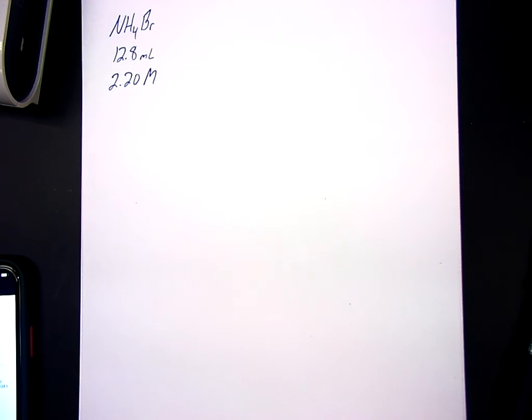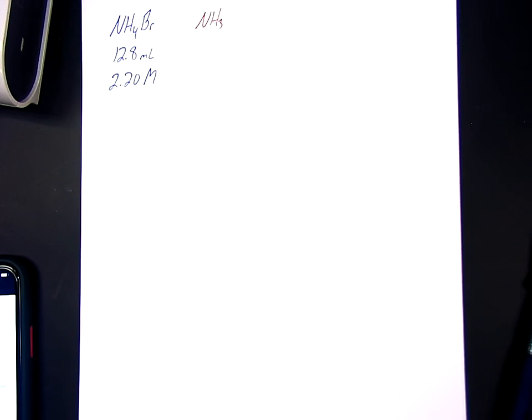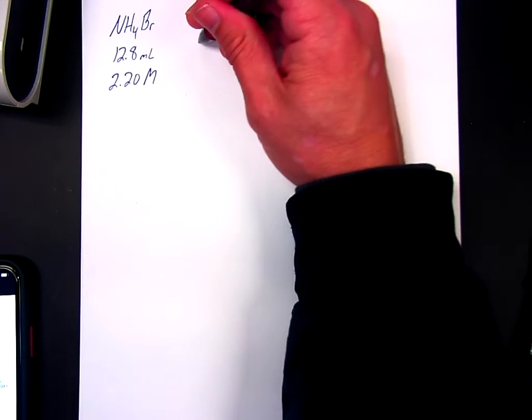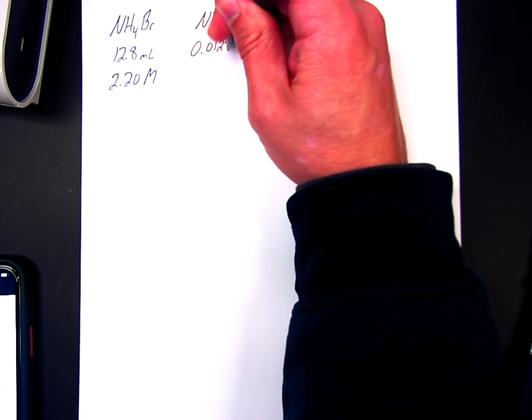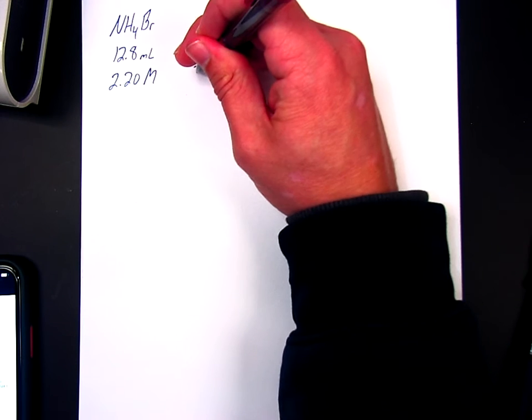All right. And then the other compound it gives me is ammonia. And the descriptive numbers for ammonia that it gives me is 0.0128 liters alongside 3.14 molar.